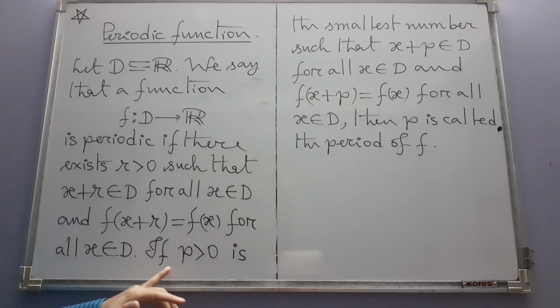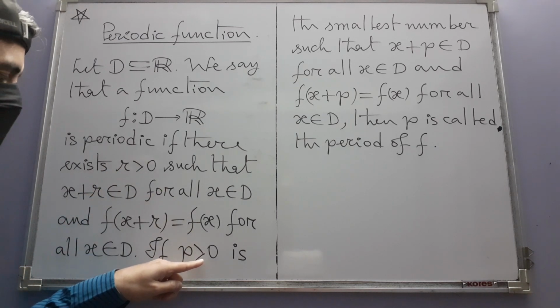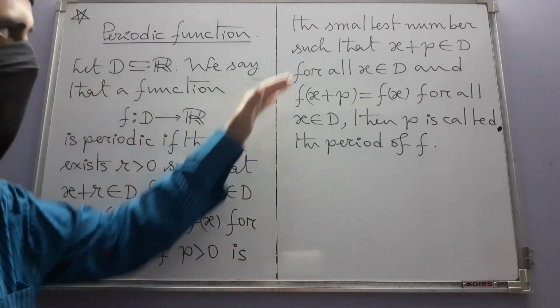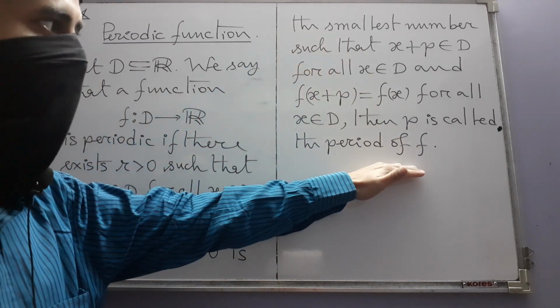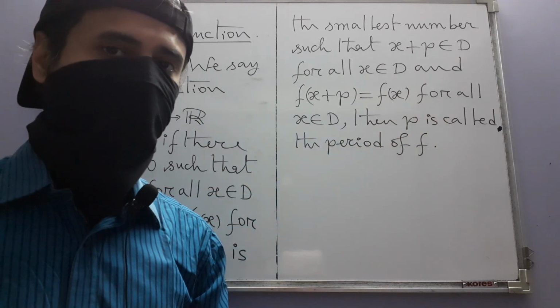And if there exists a smallest such R, which we are calling P here, which is also positive and for which those same conditions are true, then P is called the period of f.